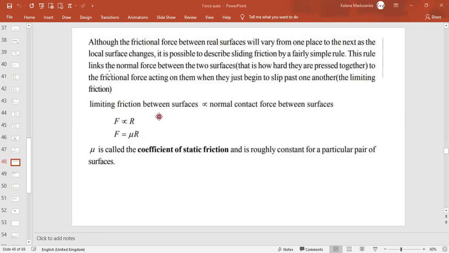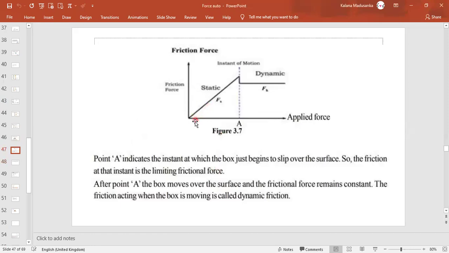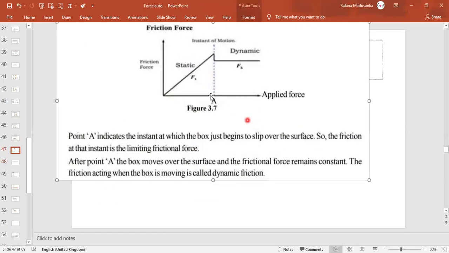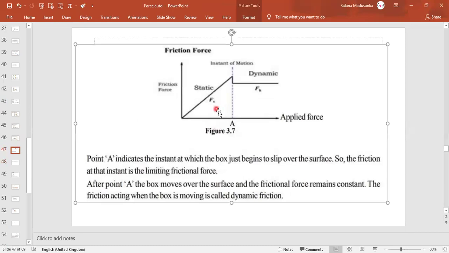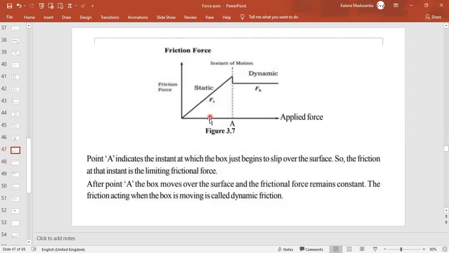Now, in this chart, you can see that only in the static side is the applied force proportional to the frictional force, up to only this point.